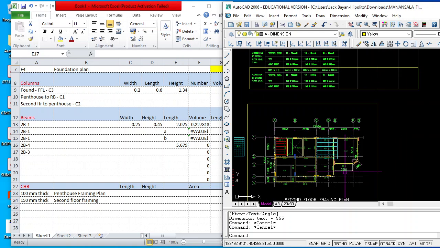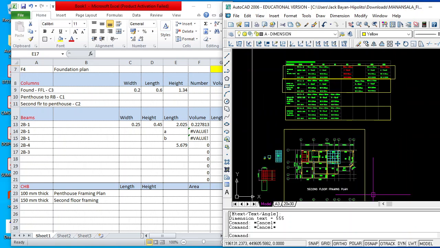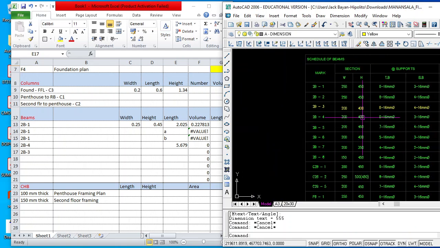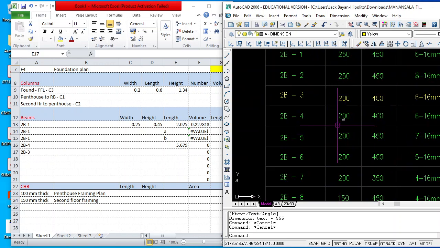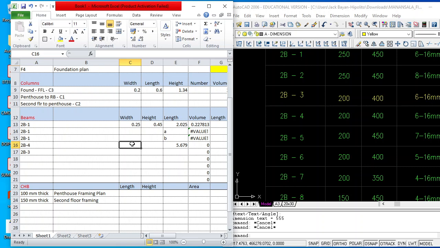Then, of course, I need to go back. What is the measurement of my 2B4? 200 by 400. So I put it here. Wrong, it will be 0.2, 0.2, and 0.4.